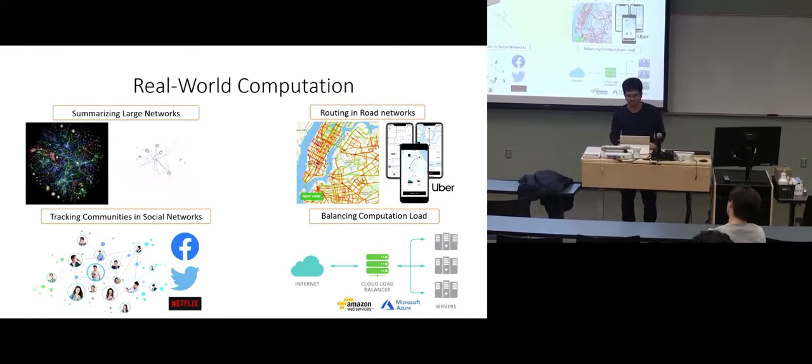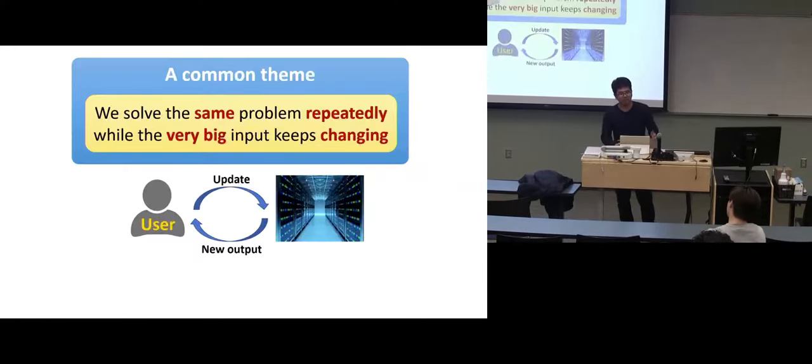Everything keeps changing. So what we need is to solve the same problem repeatedly when the big input keeps changing, without recomputing everything from scratch. When the input changes by 1 bit, you don't want to redo your computation from scratch.